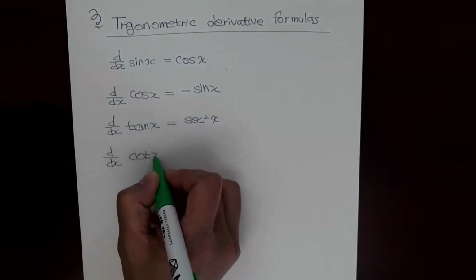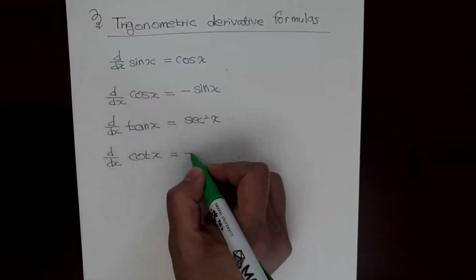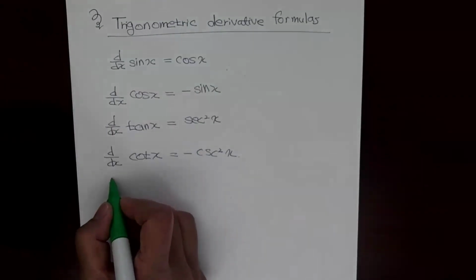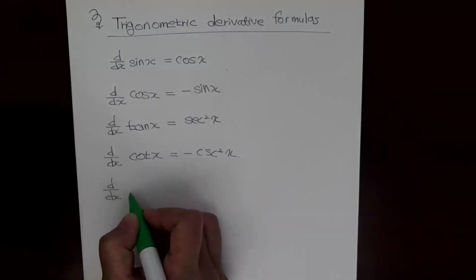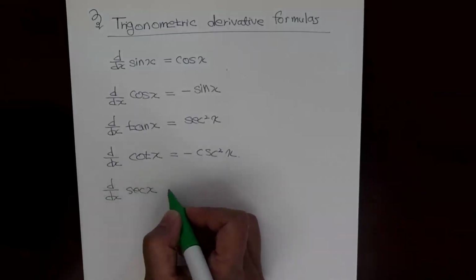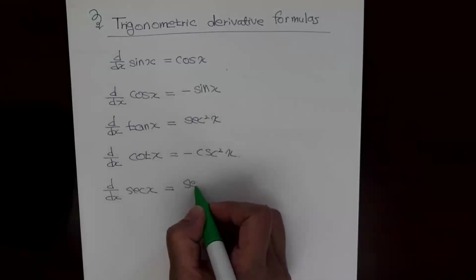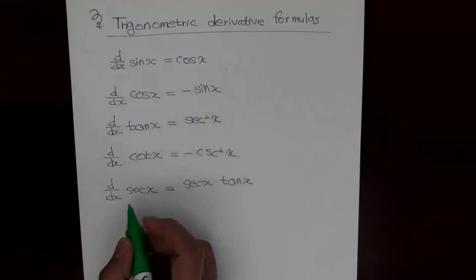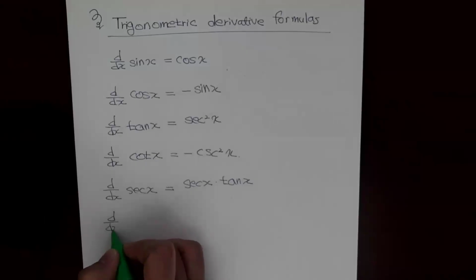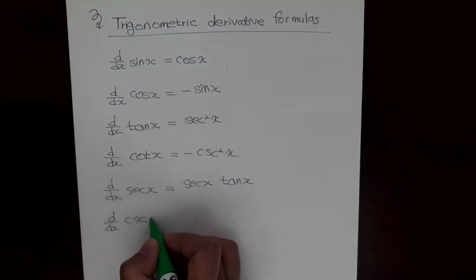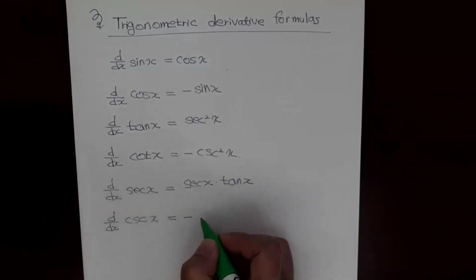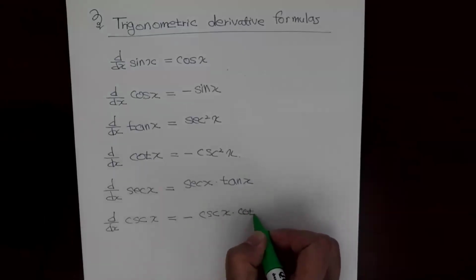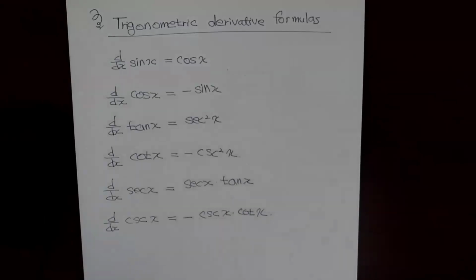Derivative of cotangent is minus cosecant squared of x. And derivative of secant is secant times tangent. And derivative of cosecant is minus cosecant x times cotangent of x.